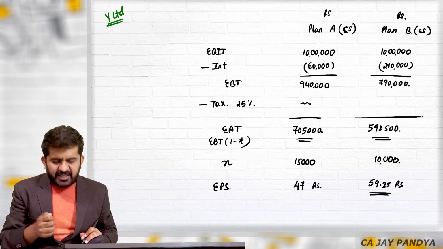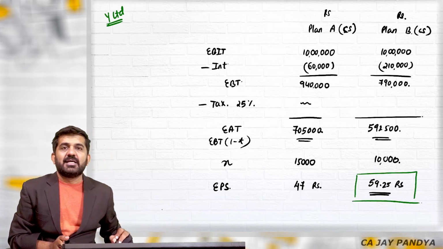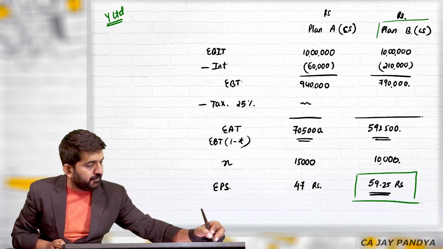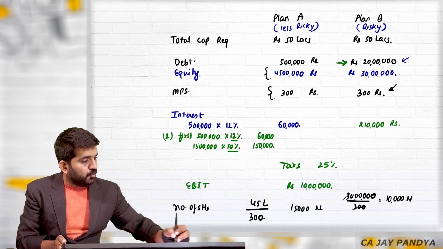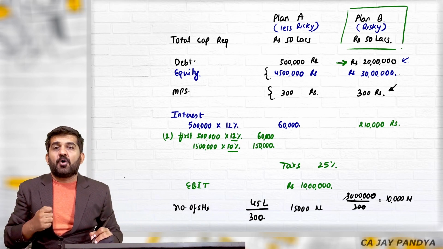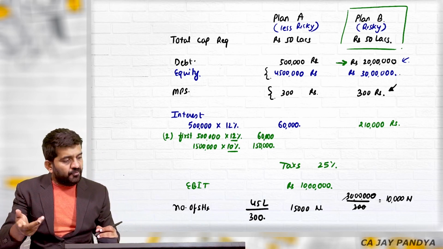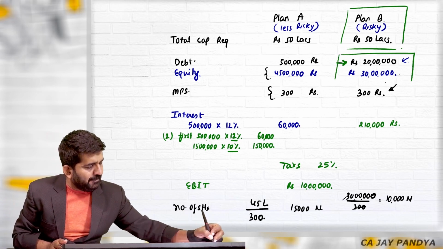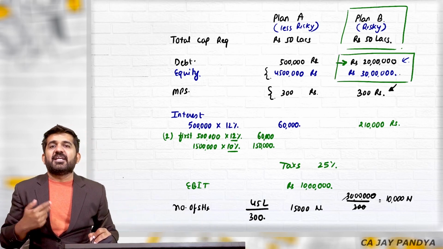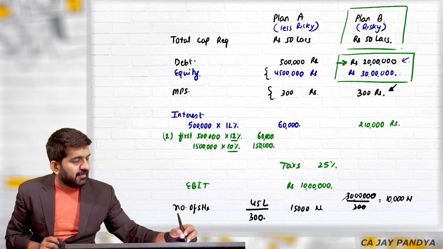What is our objective? It is to maximize EPS, and it is higher in plan number 2, which is more risky, and so I should opt for that capital structure. See what a decision is taken. I should go for plan B, and so my capital structure should be 20:30, that is 40:60.